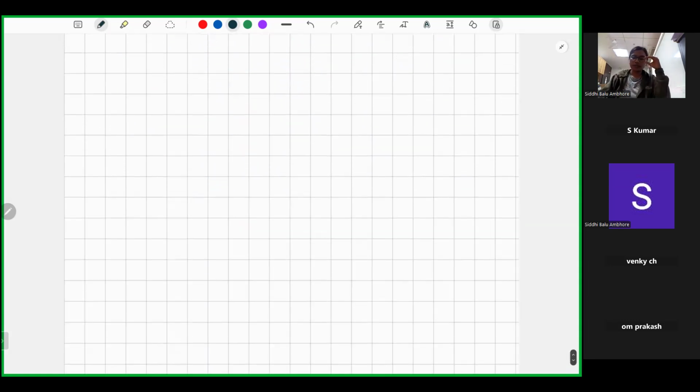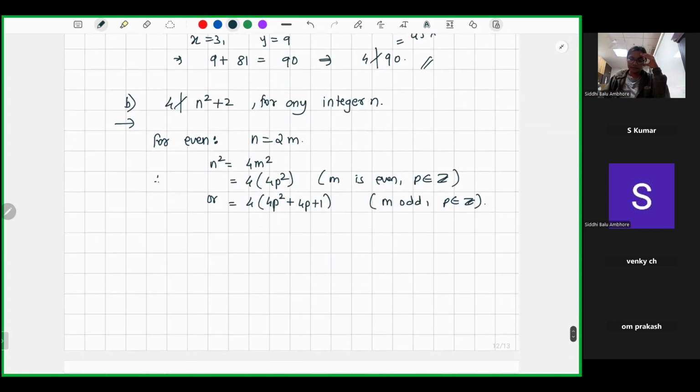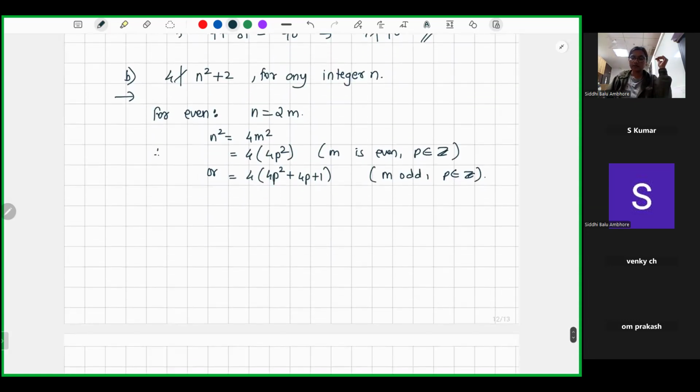Okay, in both the cases, 4 need not divide this 4p square plus 2. I mean, 4 does not divide this 2.